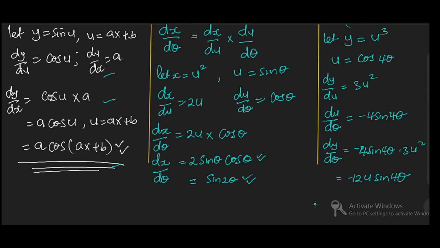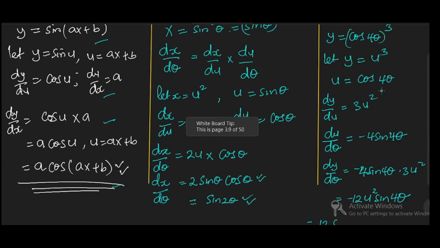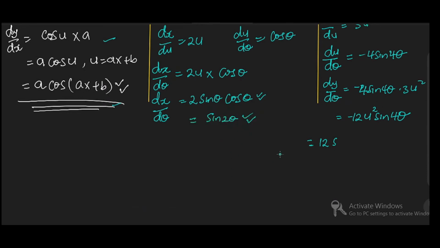Finally, when you do your final substitution, where u is cos 4 theta, we have negative 12 cos squared 4 theta sine 4 theta.